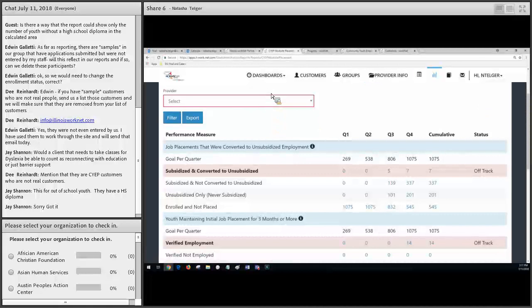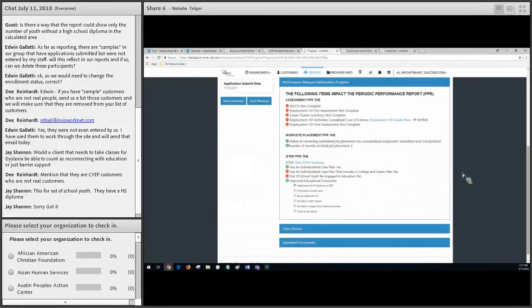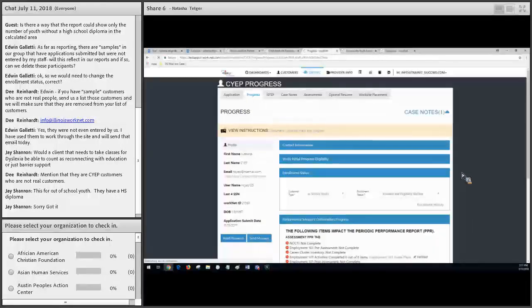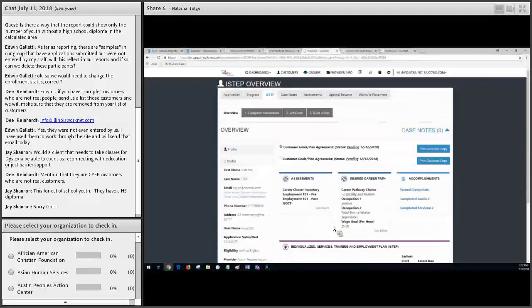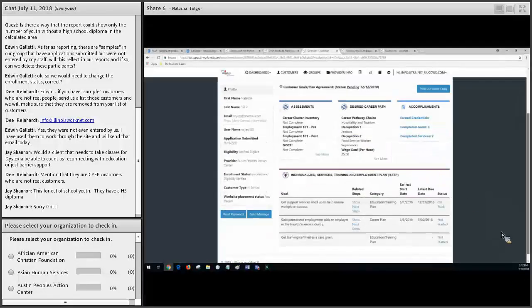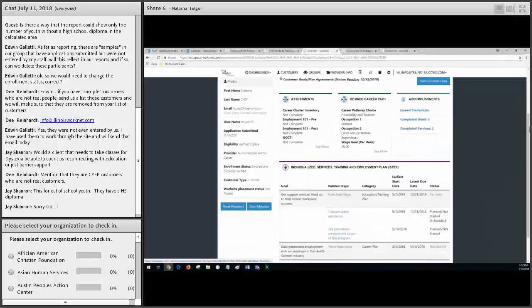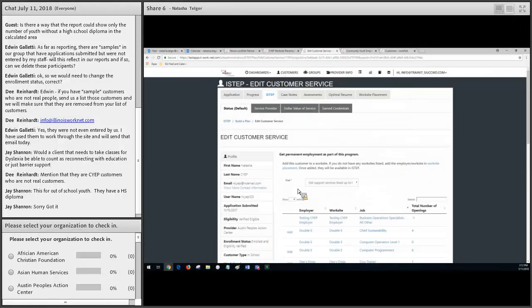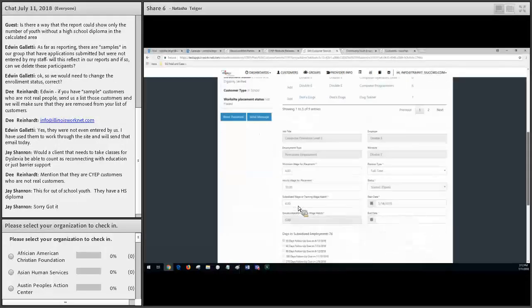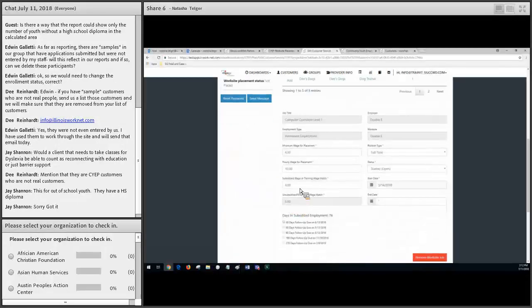So it's going to look at whether you're in the ISTEP or wherever you choose to update the information, preferably in the ISTEP. Remember this is the subsidized, unsubsidized.